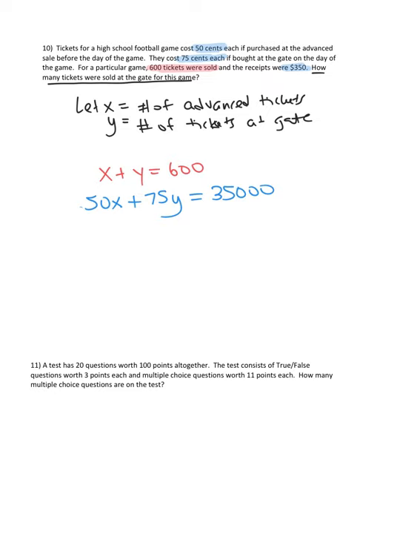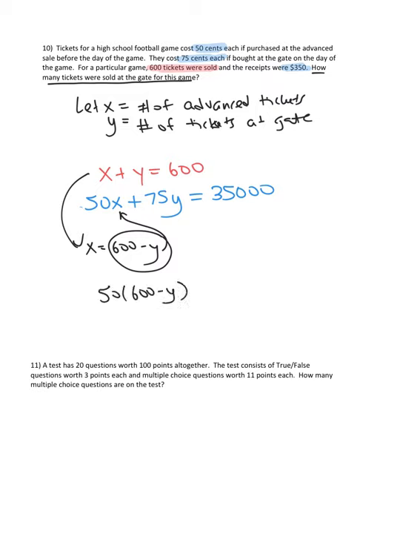So here, this is your system, you could use substitution or elimination. I'm going to use substitution. I'm going to take this first equation and isolate x, so I'll do x equals 600 minus y, and I'm going to sub it in for x. So I'll have 50 times 600 minus y plus 75y equals 35,000.